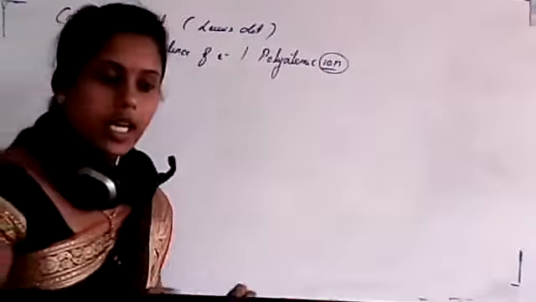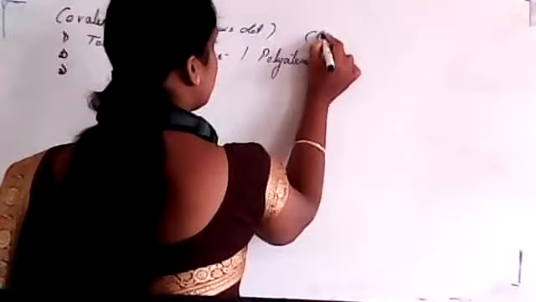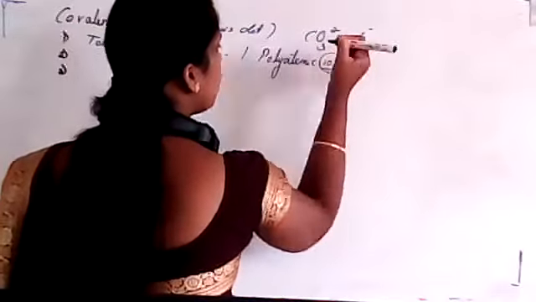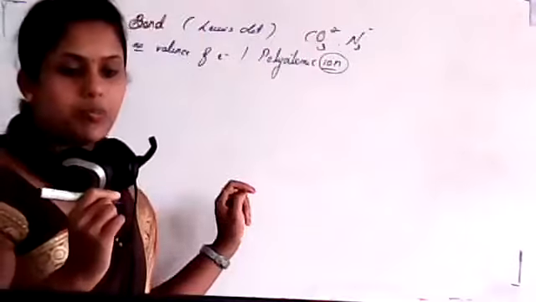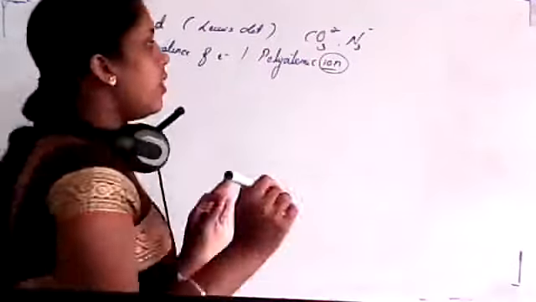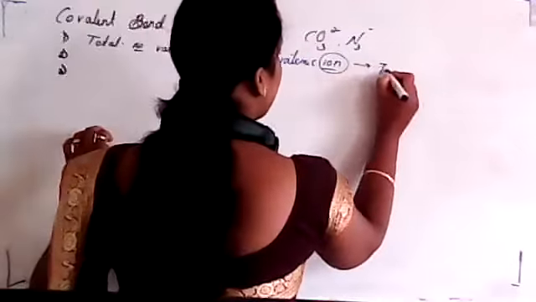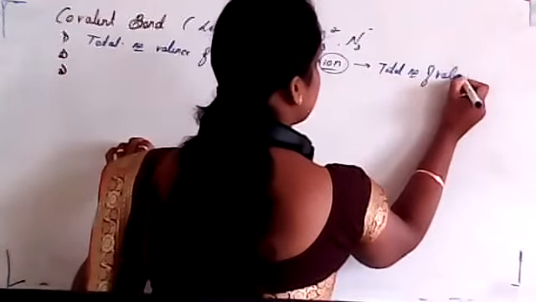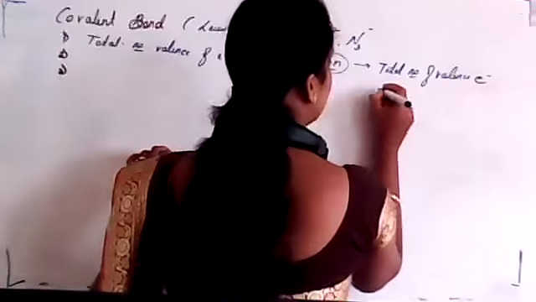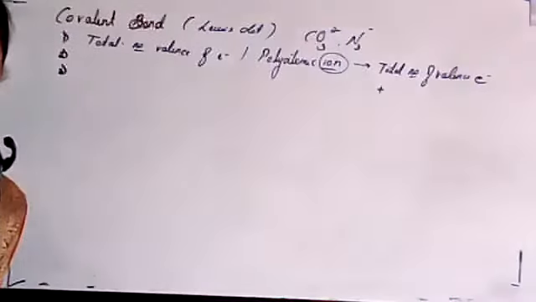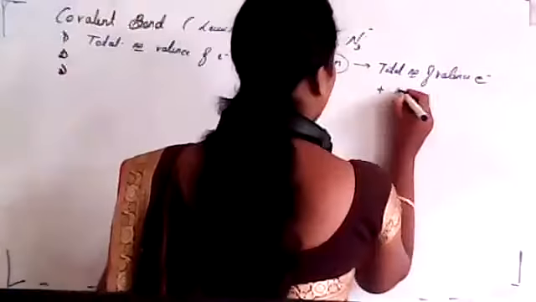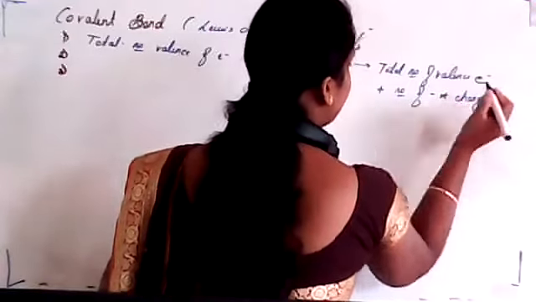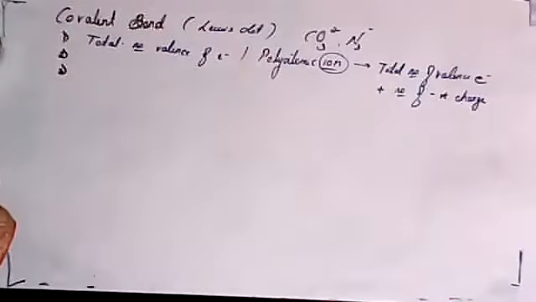Whenever you are considering an ion, for example CO3 2 minus or N3 minus, in that case, the total number of valence electrons plus the number of negative charge over that whole polyatomic ion.